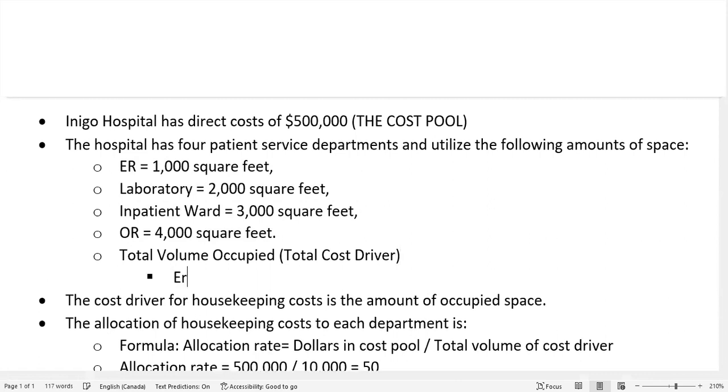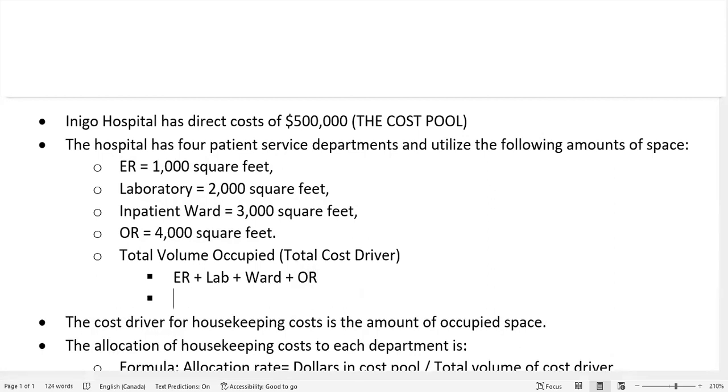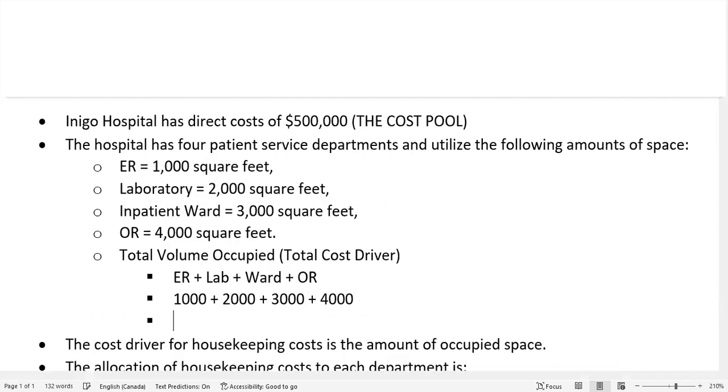So ER plus lab plus ward plus your OR. That would give you 1,000 plus 2,000 plus 3,000 plus 4,000. That's your 10,000. This will be your total volume occupied.